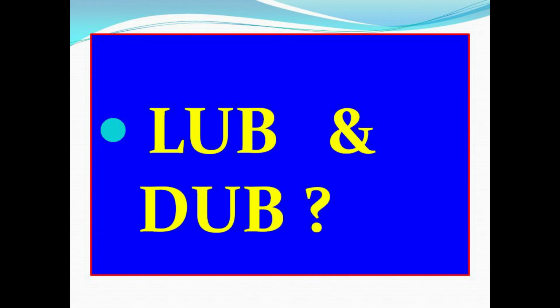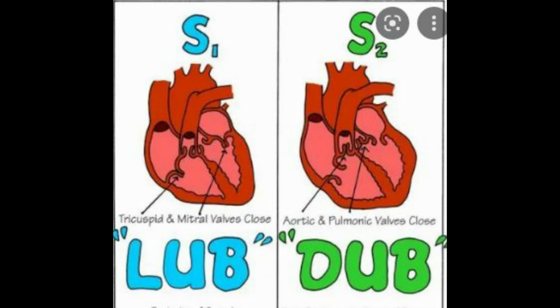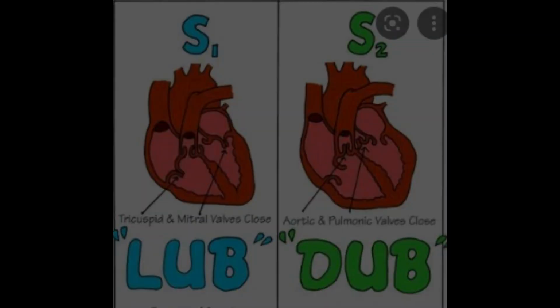While auscultating the heart, the first heart sound is heard as lub, and the second heart sound is noted as dub. So the lub sound is the first heart sound, and dub is the second heart sound.